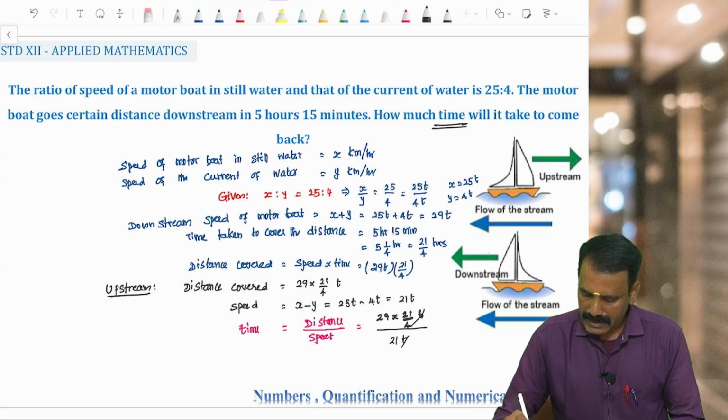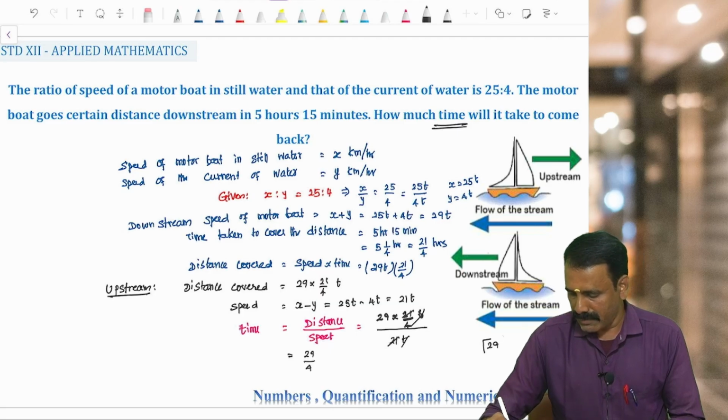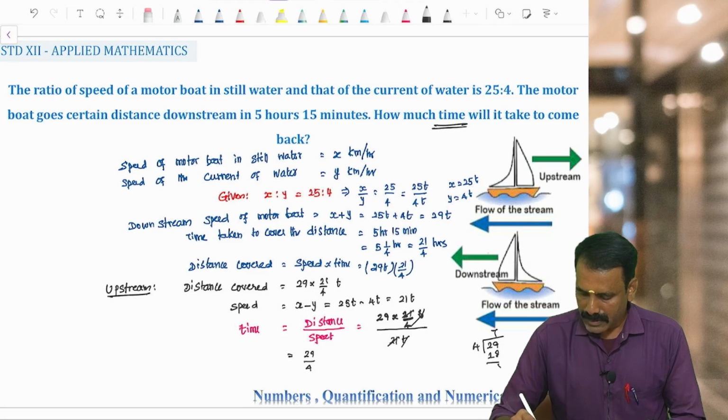T cancels, 21 cancel, so it is 29 by 4. So 29 we divide by 4, 7 4s are 28, balance 1. So it is 7 1 by 4 hours, which is nothing but 7 hours 15 minutes.